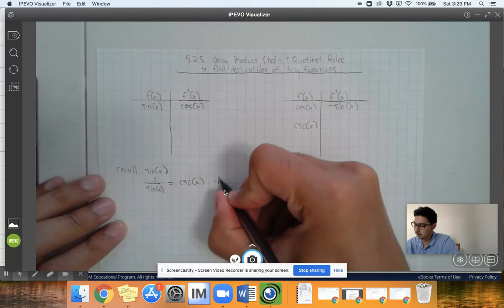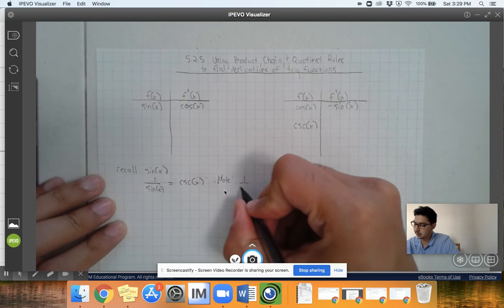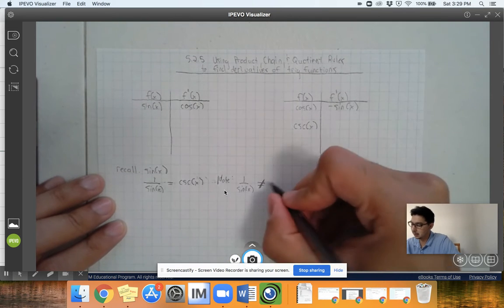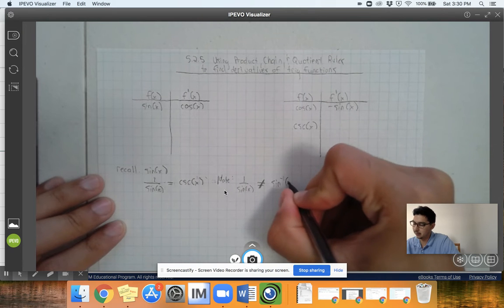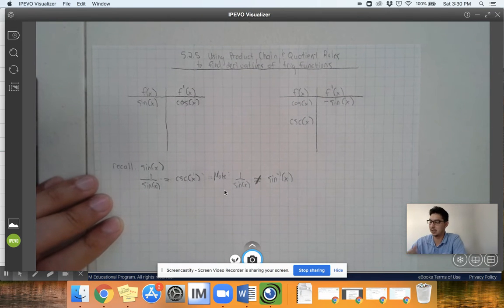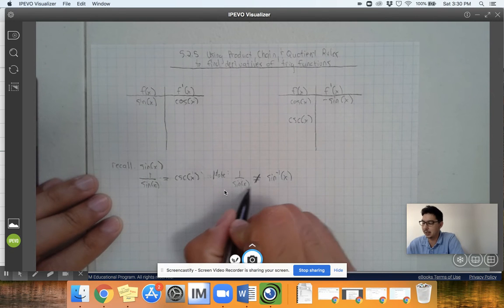Now note, 1 over sine of x is not equivalent to sine to the negative 1 of x. That gets a little bit weird because what we're used to seeing is you say, hey, that's on the bottom, so that's a negative power, so I could write sine of negative 1 x.